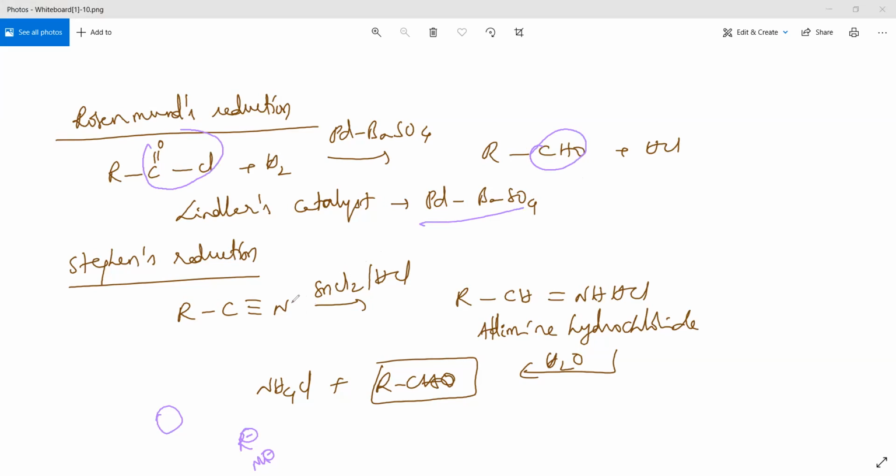Stephen's reduction. This is nitrile, C triple bond N. Nitriles on reduction give you aldimine, CH double bond NH, followed by hydrolysis. Then only you will get aldehyde.